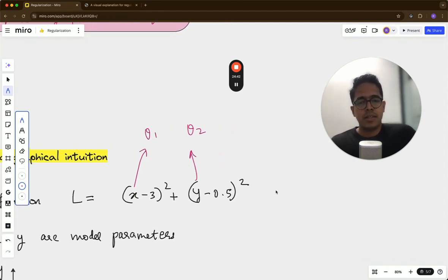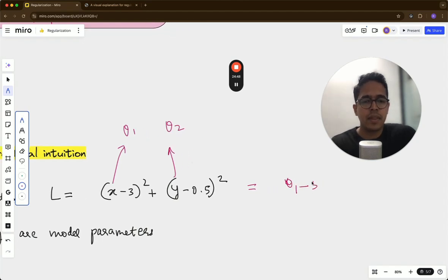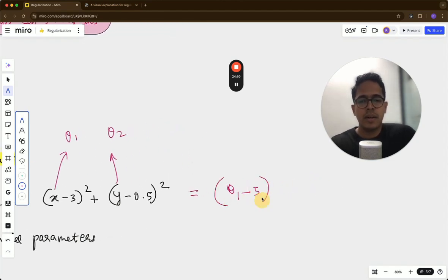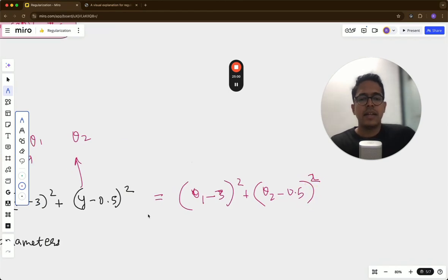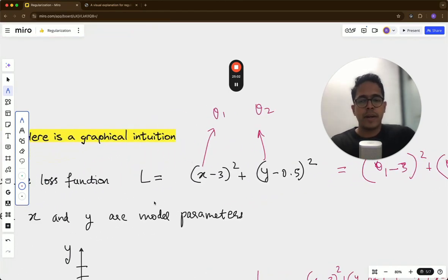Just understand that this is of the form L equal to theta 1 minus 3 the whole square plus theta 2 minus 0.5 the whole square, right? It's not like these are input-output pairs.